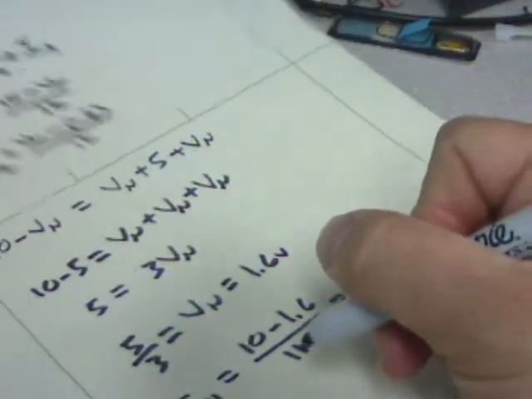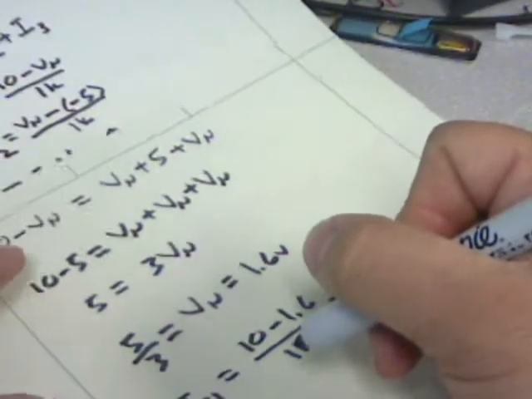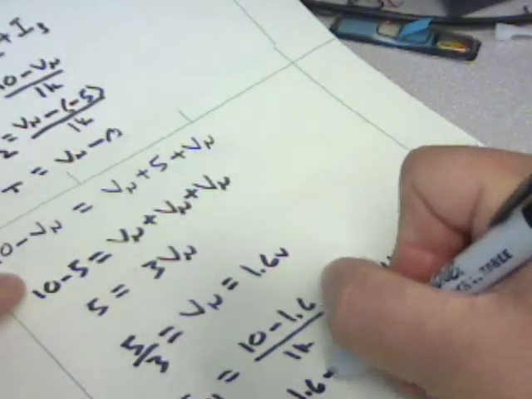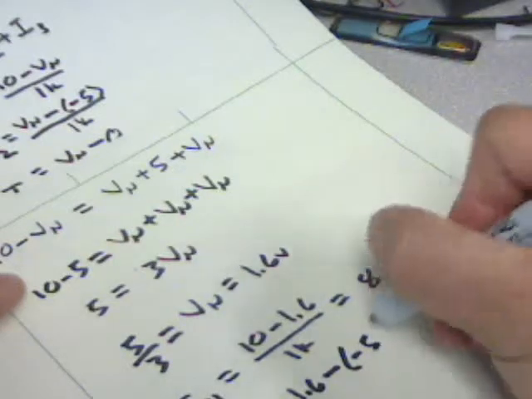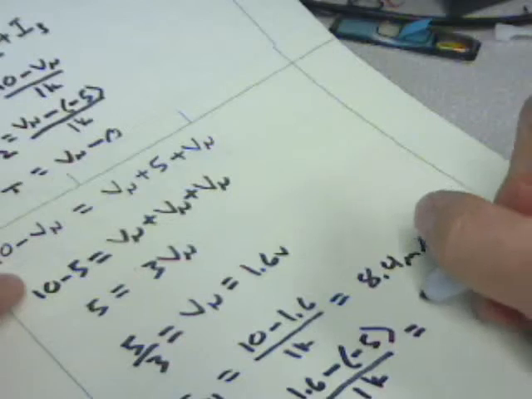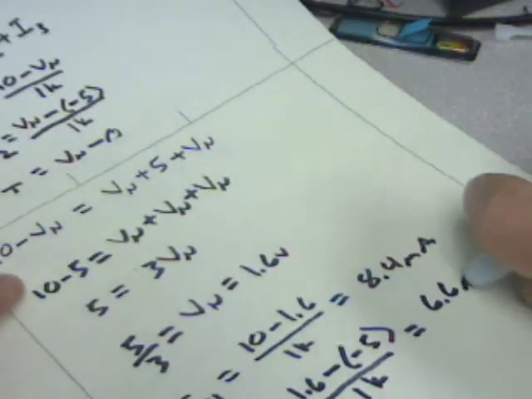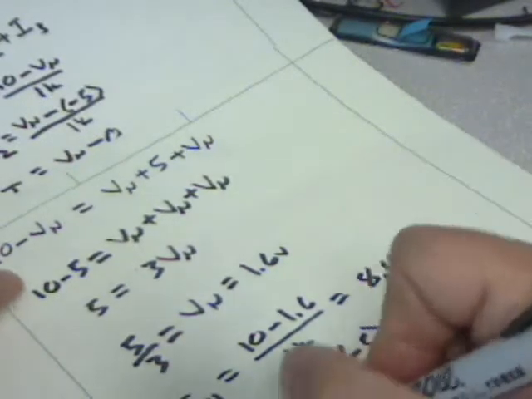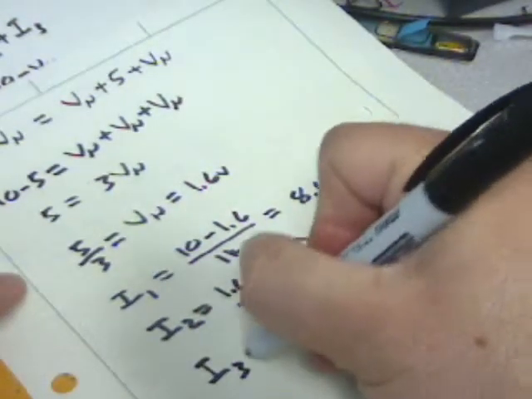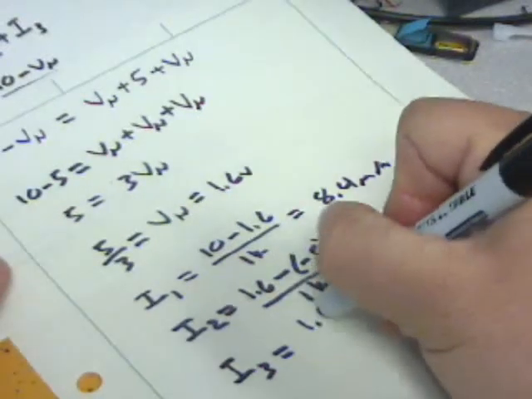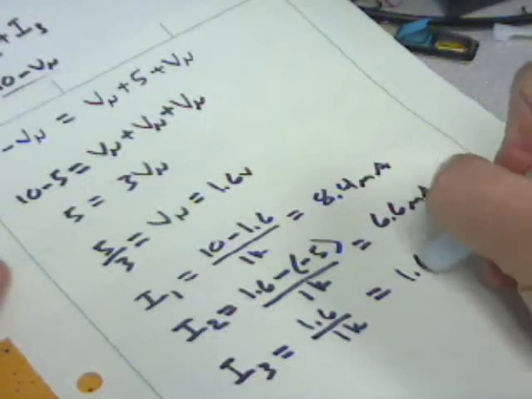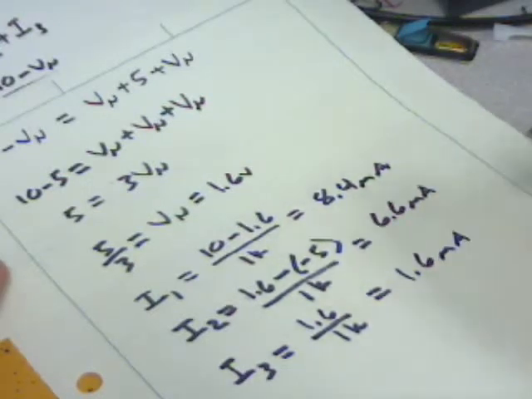I2 equals Vn, 1.6 minus a negative 5 divided by 1k, and so that just equals 6.6 milliamps. And then finally, I3 will equal 1.6 divided by 1k, and that just equals 1.6 milliamps.